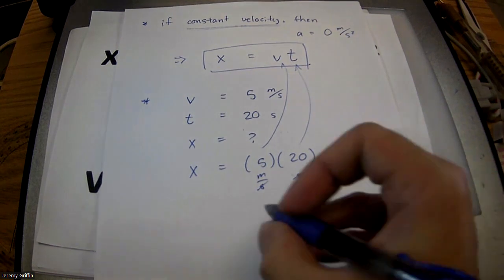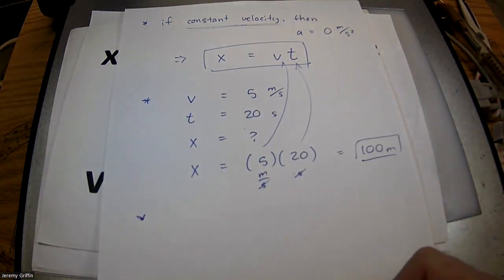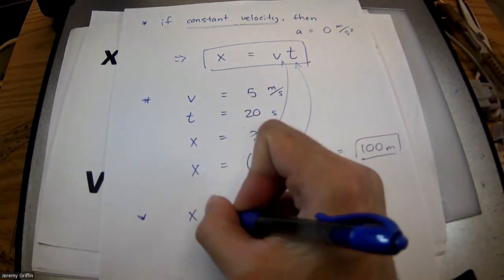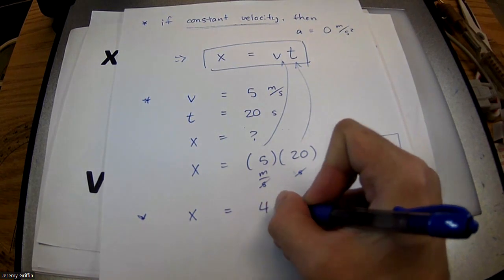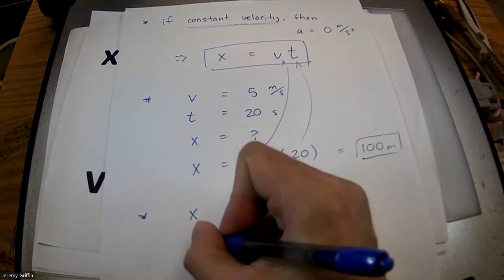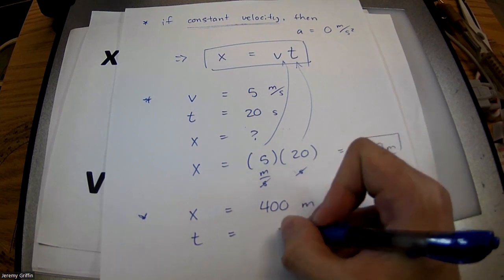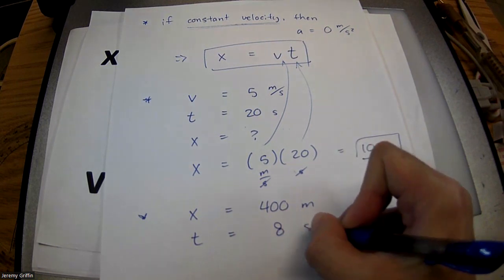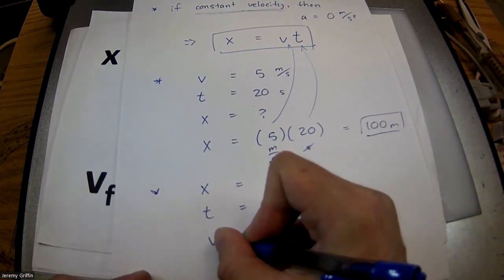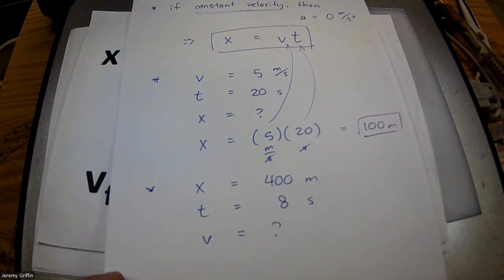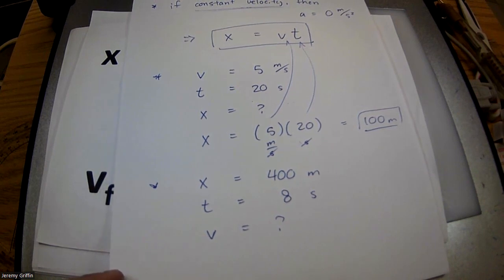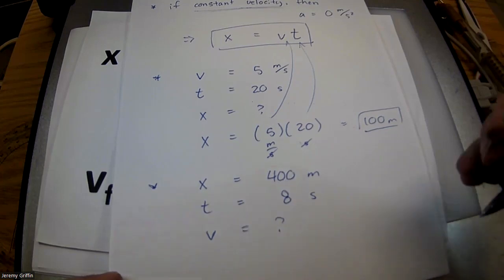Scenario 2. Suppose that you run 400 meters in a time of, say, 8 seconds. What's your speed? Be careful here.